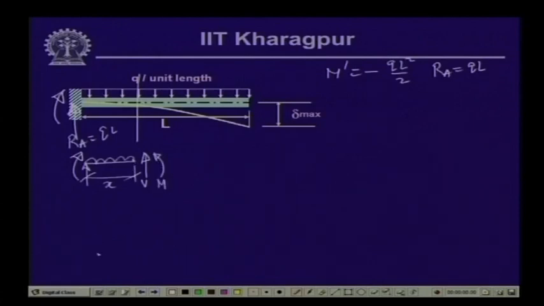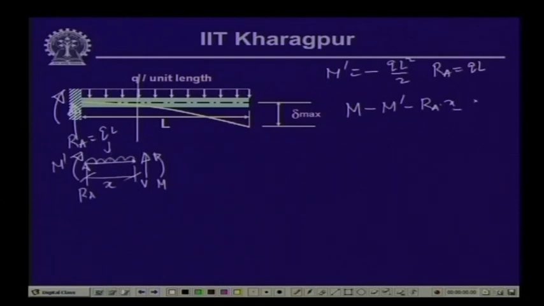So, if we take the moment of all the forces with respect to this particular point at the cut section, then we have M, which is in an anticlockwise direction, then we have the moment at this support, M dashed, which is in a clockwise direction. So, M minus M dashed. Then we have the moment due to RA, which is again in a clockwise direction. So, minus RA into x, and the loading, which is again in the anticlockwise direction.